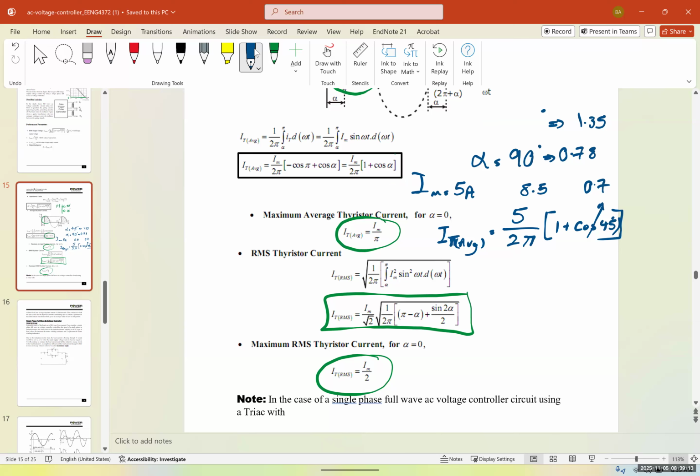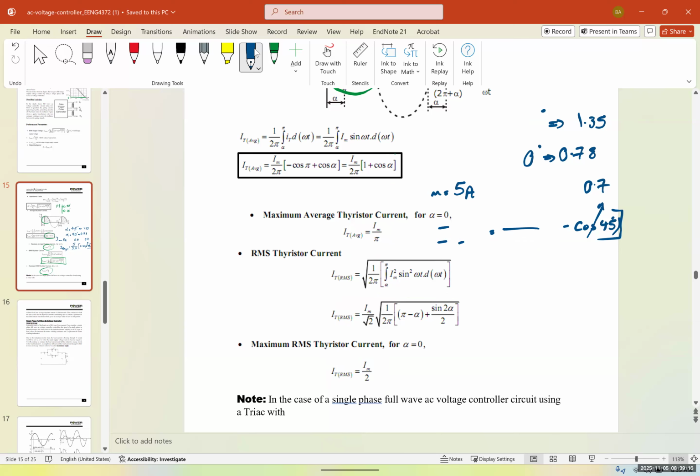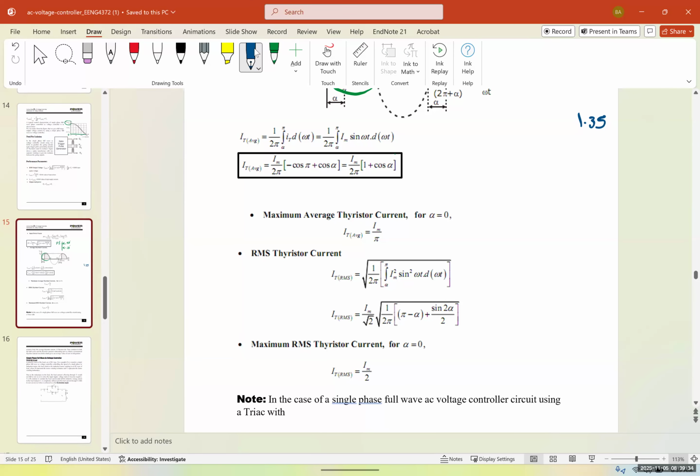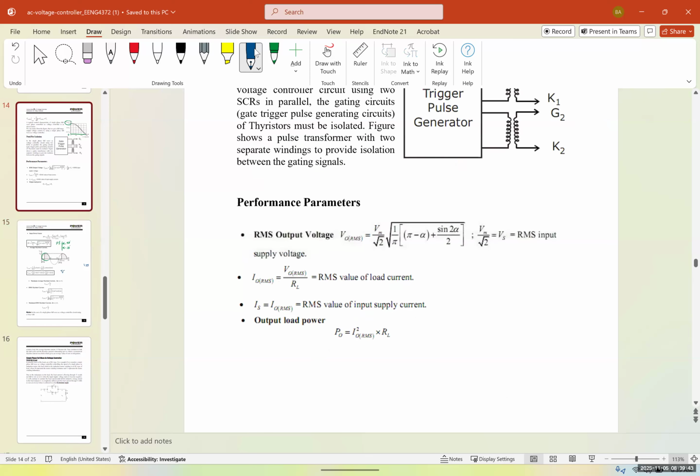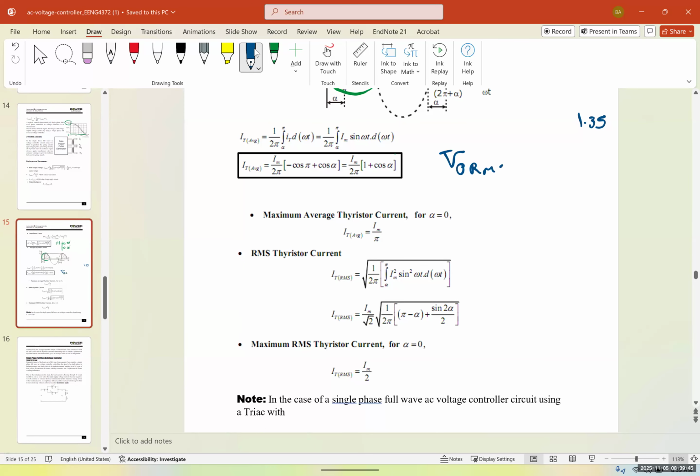So, question is this. For a resistive load, single phase full wave AC controller, find V out RMS, I out RMS, and P out.